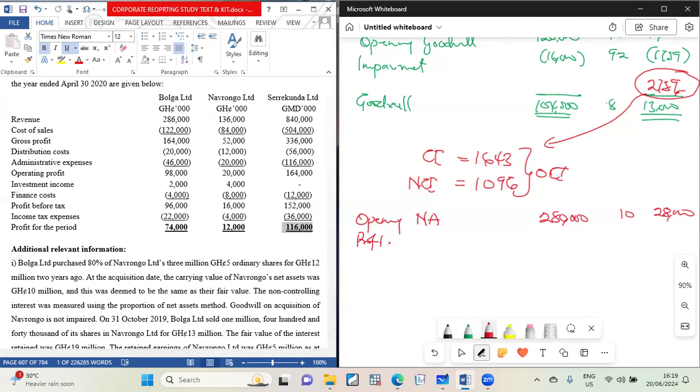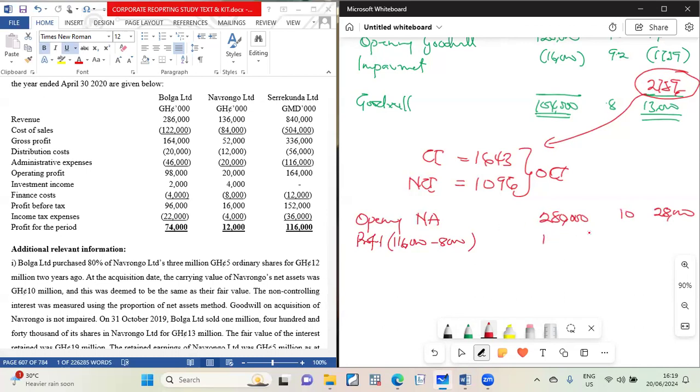So it will be 116,000. The brand, we had 8,000, right? So you need to deduct your 8,000 from it because they didn't do it. We need to do it. So 116,000 minus our 8,000 brand amortization gives me 108.